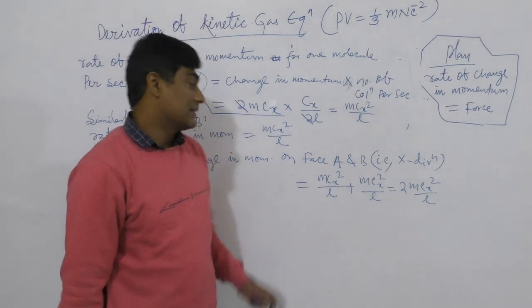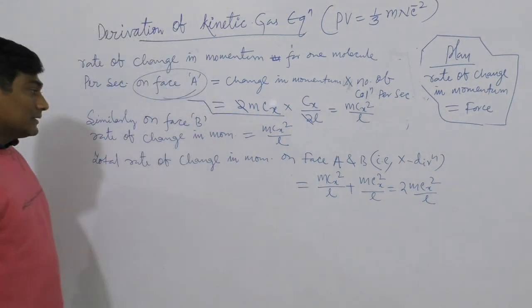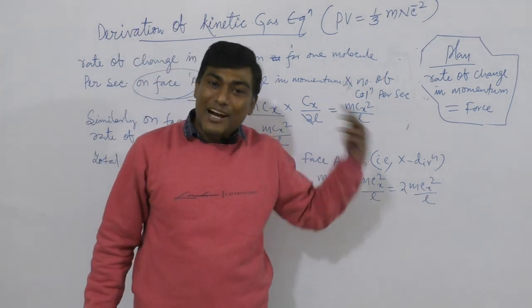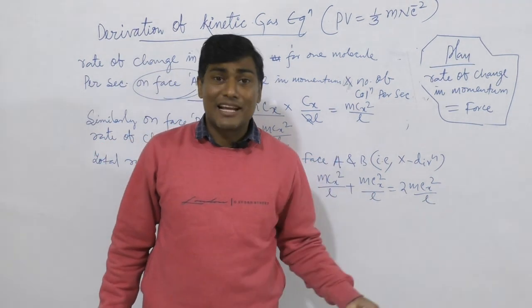Did you get me? Okay. Now in the x direction this is 2mcx square by L. Accordingly, the y and z directions can be written.